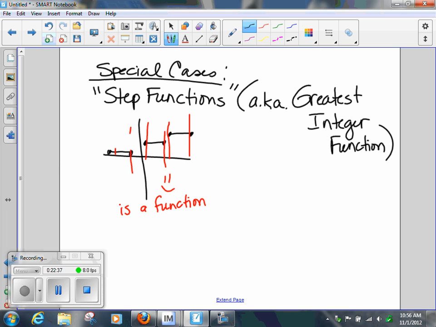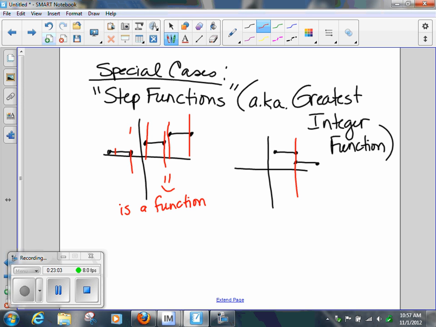But what about this? Let's say this one only has two. Now look very closely how I have that drawn. What are you thinking, Dante? Not a function. Why? What's the kicker?